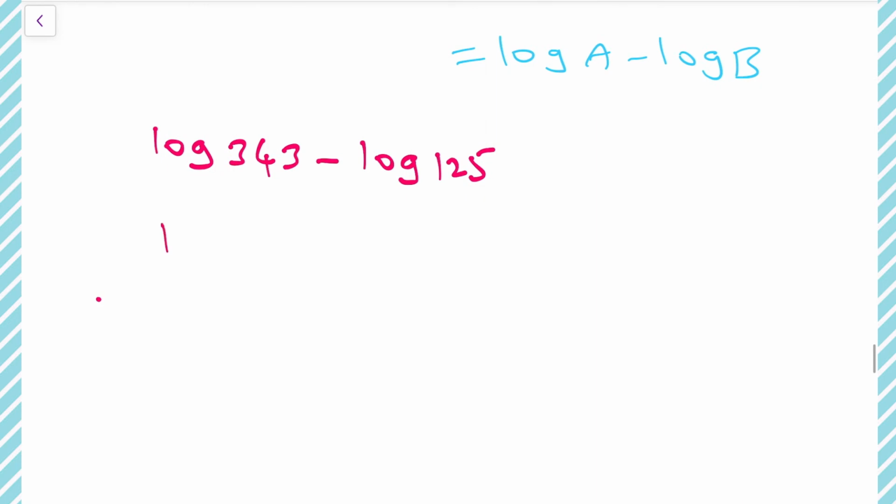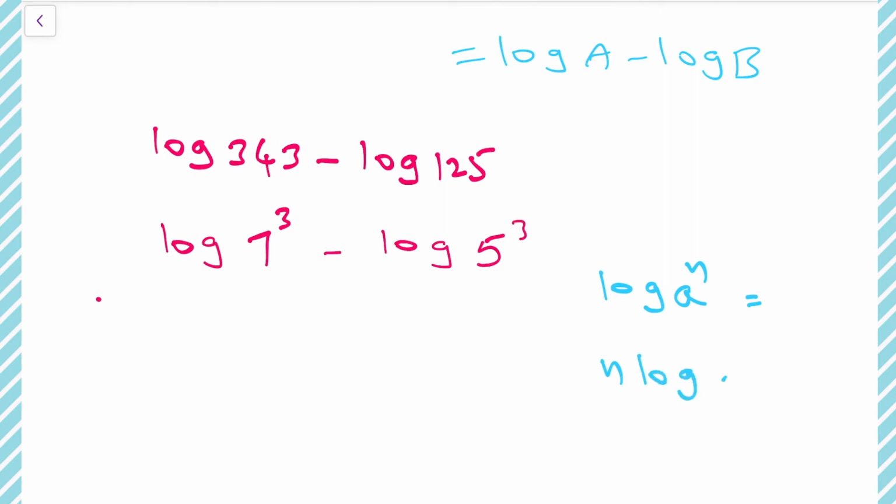That is, log 343 can be written as 7 cube, minus log 125 can be written as 5 cube. Okay, now here we need to recapitulate one formula, that is log A power n equals n into log A. It means if we have a power, that power will come to the front as it is.